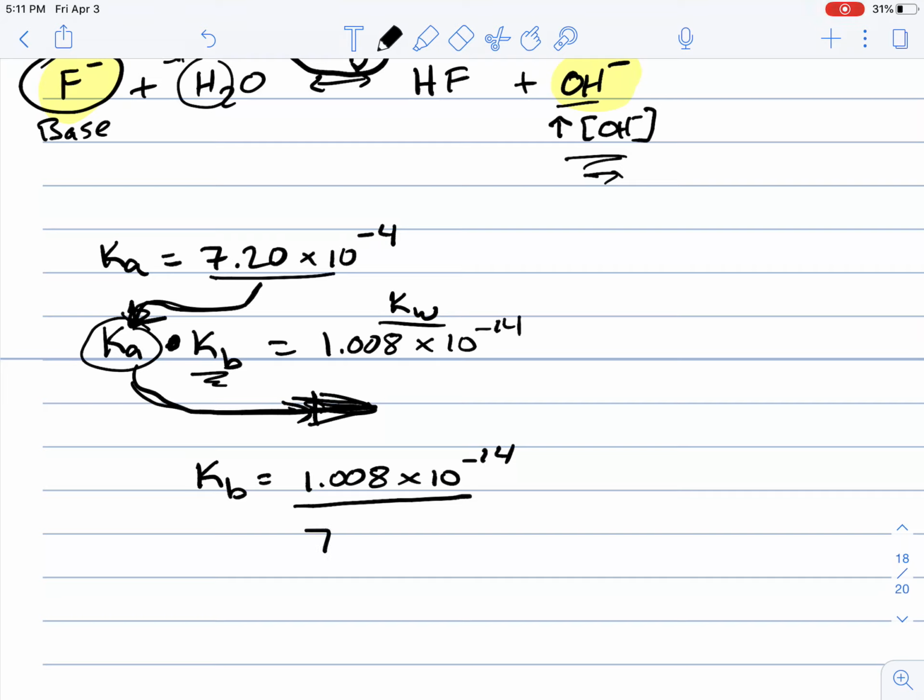And so we're going to divide by 7.20 times 10 to the negative 4. And so the Kb value is going to be 1.40 times 10 to the negative 11.